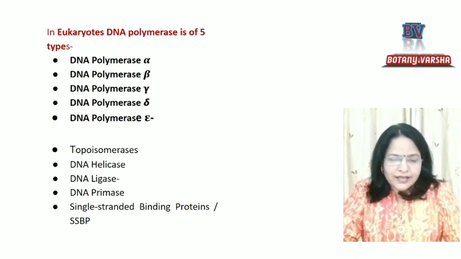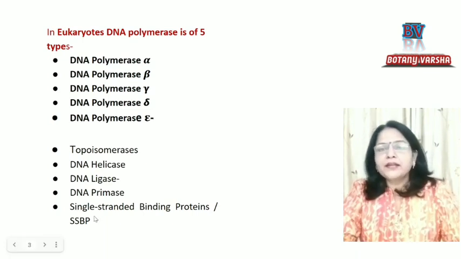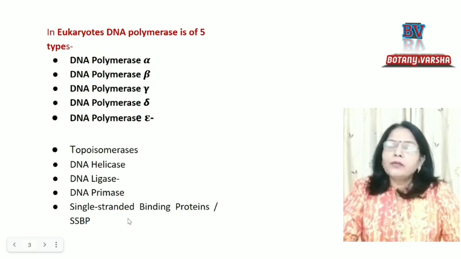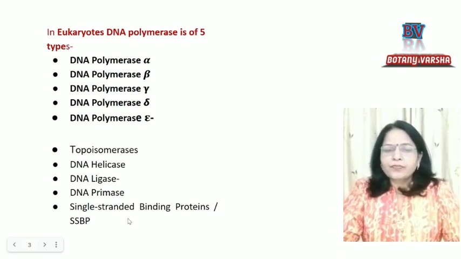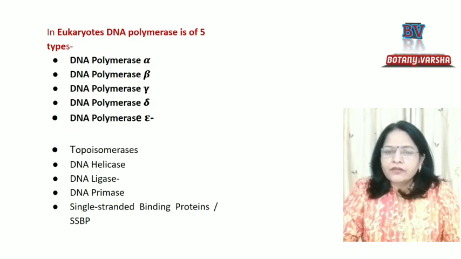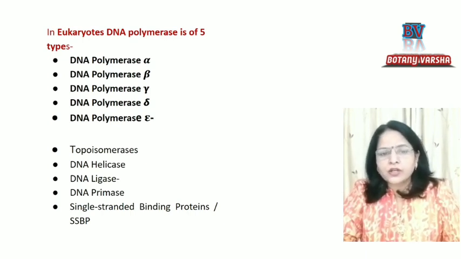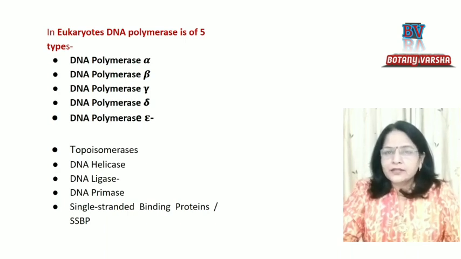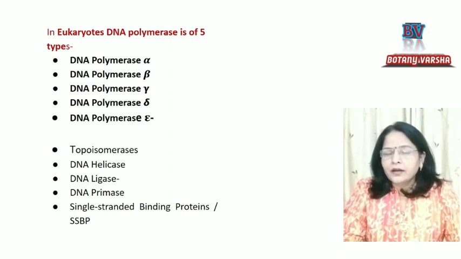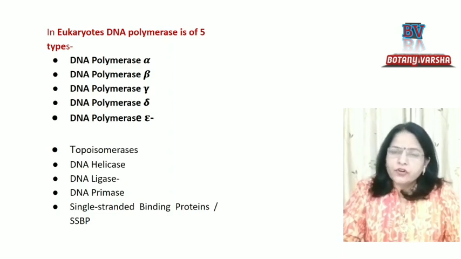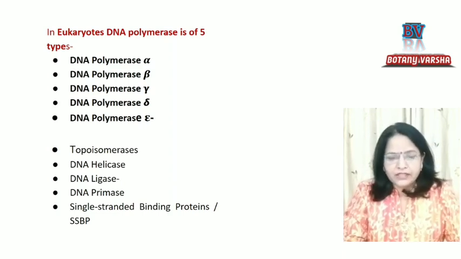And next is SSBP, single stranded binding proteins, which bind to the DNA and protect it from forming secondary structure. Both DNA strands get separated from each other. So these are the things which are required for DNA replication.